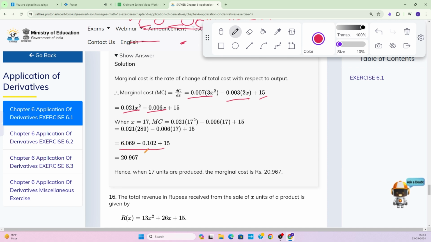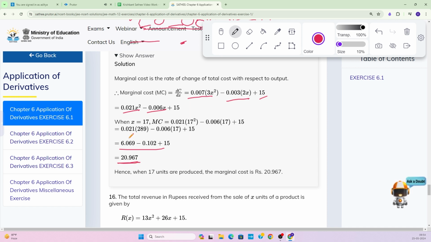After simplifying you will get this as your approximate value. So 20.967 will be your marginal cost.